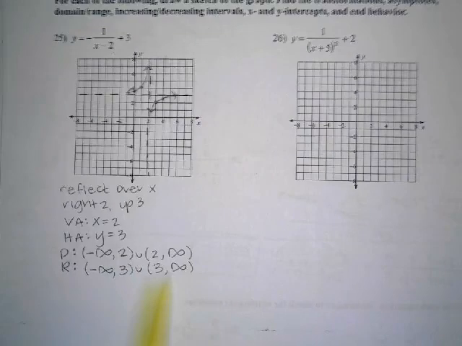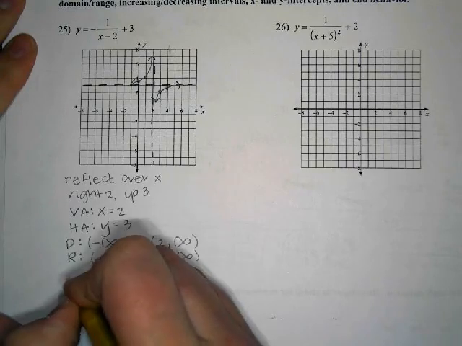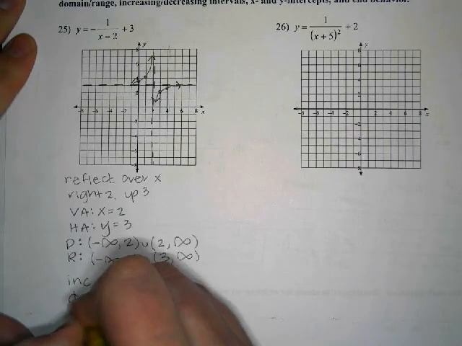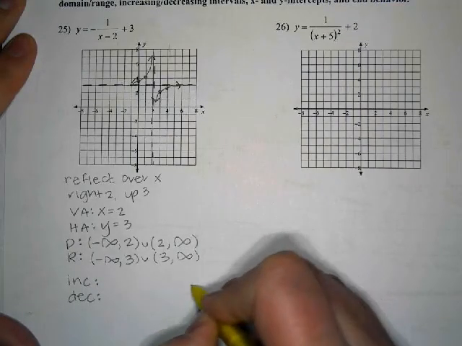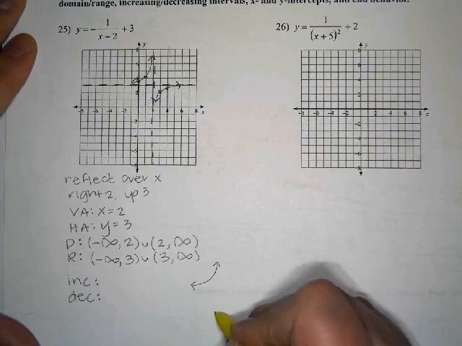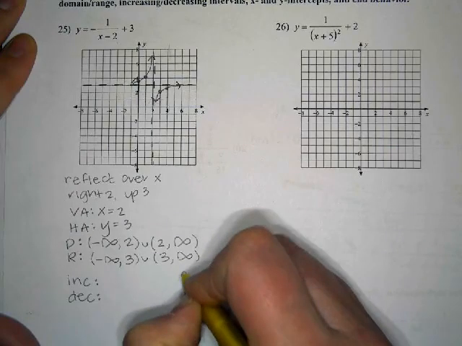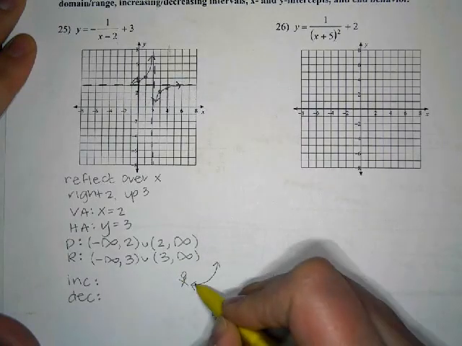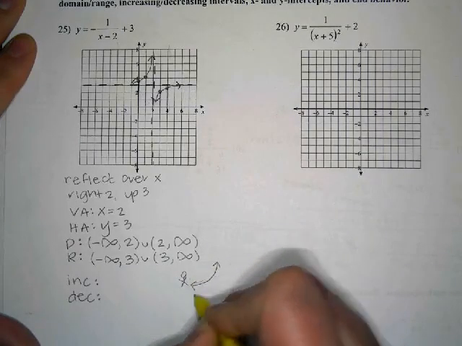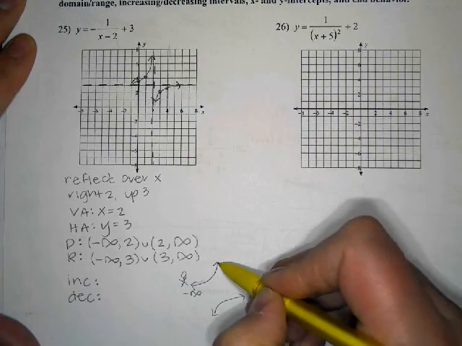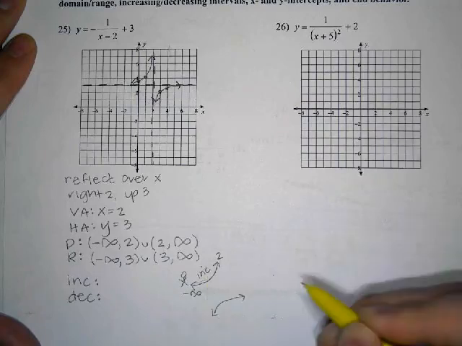We have the increasing and decreasing intervals. Since my graph looks like this, if a stick figure started walking here, he would be walking up and out of a valley. So here is my negative infinity to my vertical asymptote at 2. This is increasing, walking up out of a valley. And then he walks up into the heavens, I don't know, and burns to a crisp.